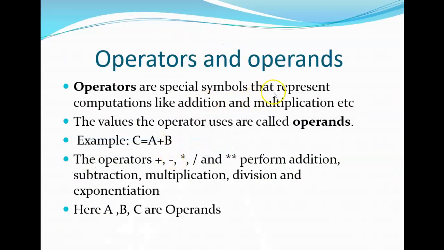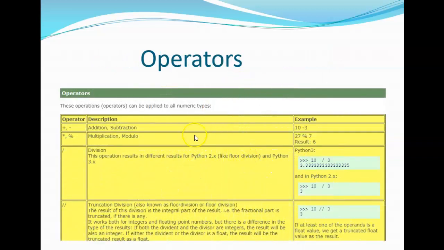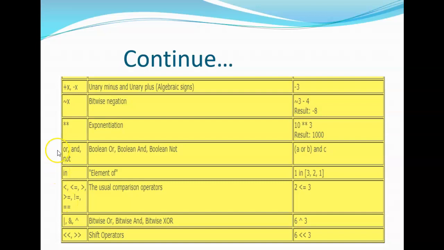Operators and operands. Of course you know operators. This plus is the operator, and A, B and C are operands. Of course you have different operators available in Python: plus, minus, star, modulo, division, truncation.